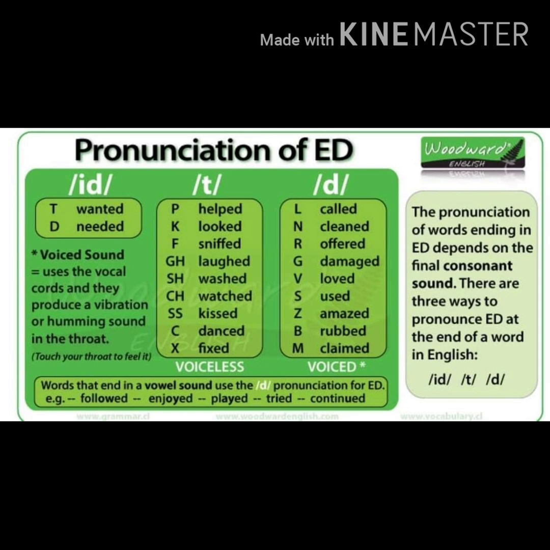And we pronounce it as D with verbs ending with L, N, R, G, V, S, Z, B, and M. Like claimed, like robbed, amazed, loved. Also, we pronounce it as D when the verb ends with vowel sounds, like enjoyed, like played, like tried, continued, followed, and so on.